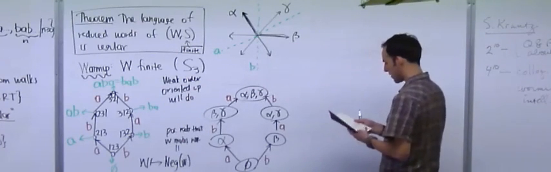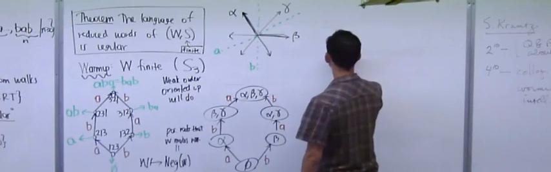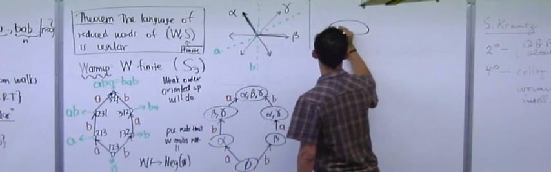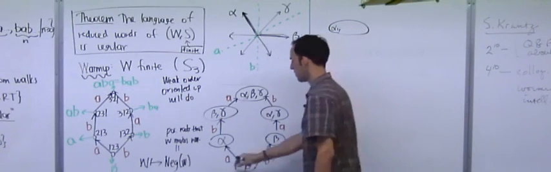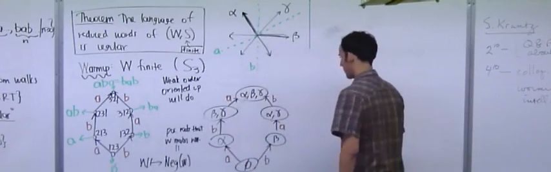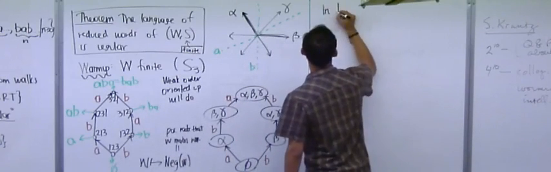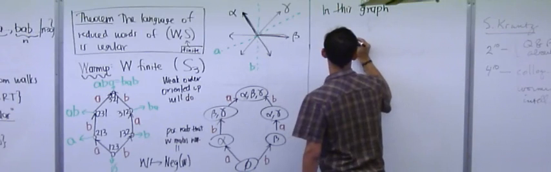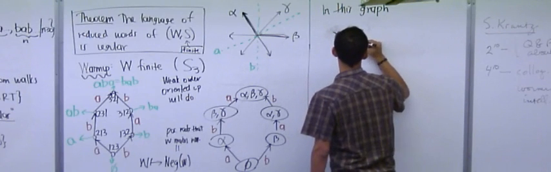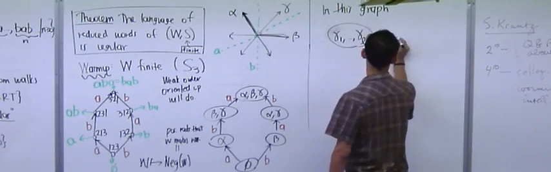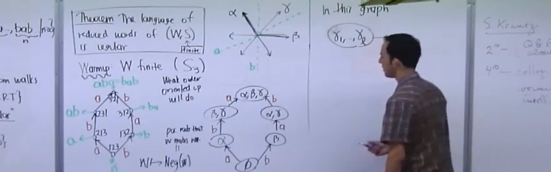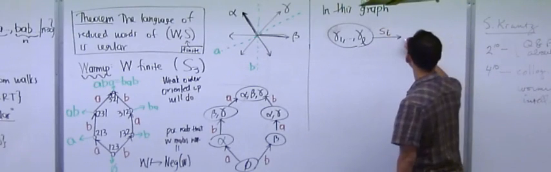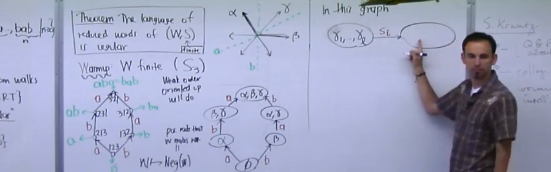Let's say that I have some set here, gamma 1 up to gamma L. Now I have some label here, Si, and I would like to know what goes here.